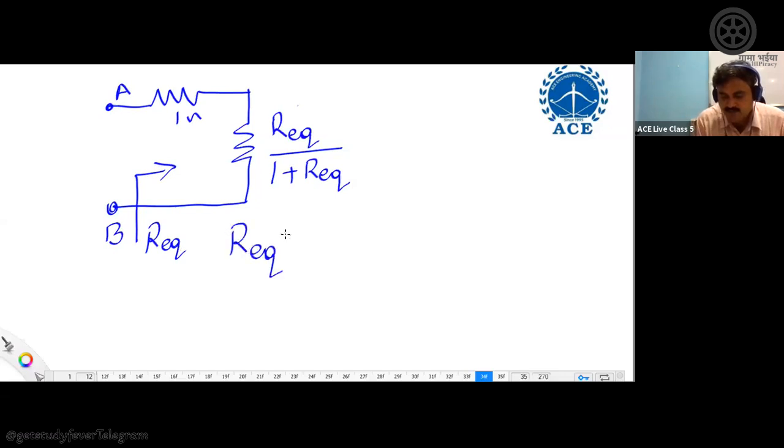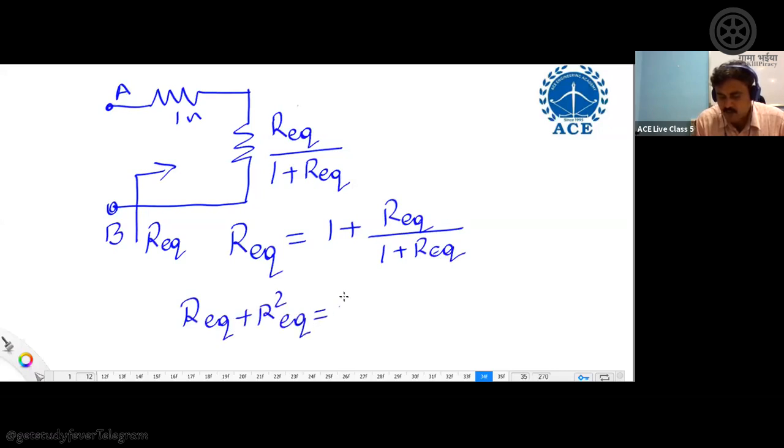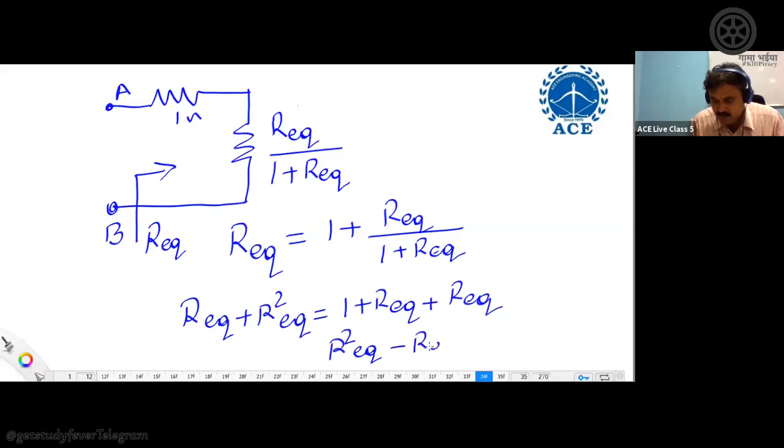R equivalent can be expressed as, just add these two, 1 plus R equivalent divided by 1 plus R equivalent. So you will get R equivalent plus R square equivalent equal to 1 plus R equivalent plus R equivalent. So you can express this as R square equivalent, 1 R equivalent will get cancelled, minus R equivalent minus 1 equal to 0.